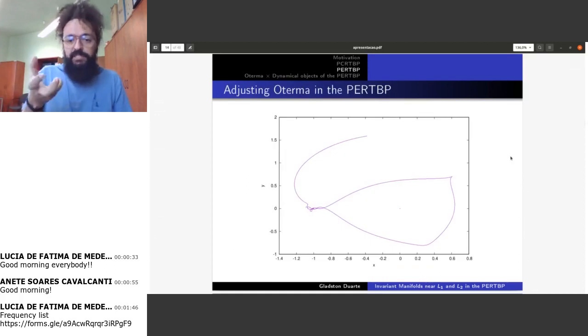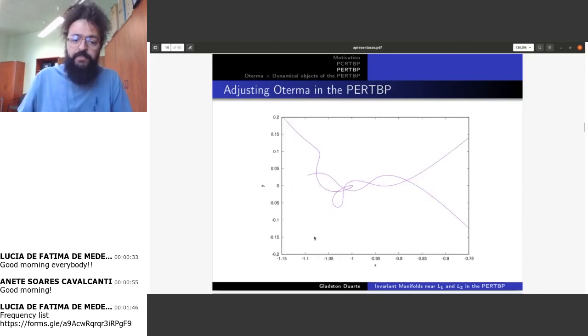And when adjusting the data for the elliptic problem without any other arbitrary adjustment, we have an orbit which looks more like Oterma's one. Oterma enters, stays for a couple of decades, and well, let us zoom in on this region.